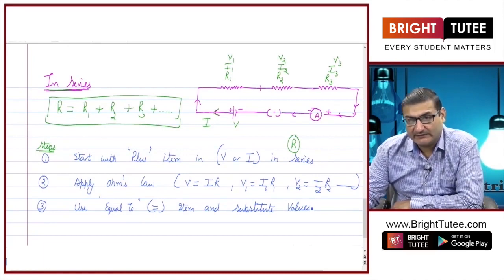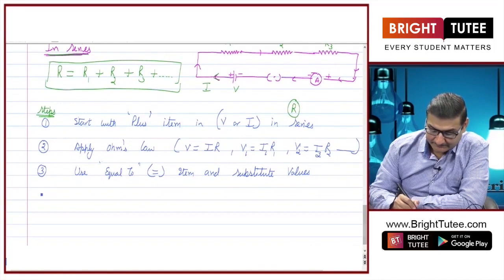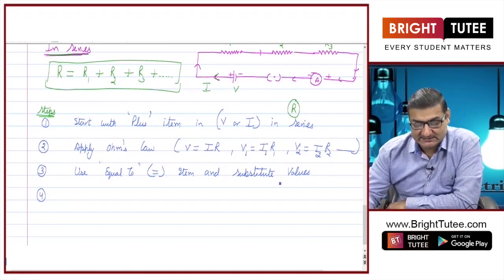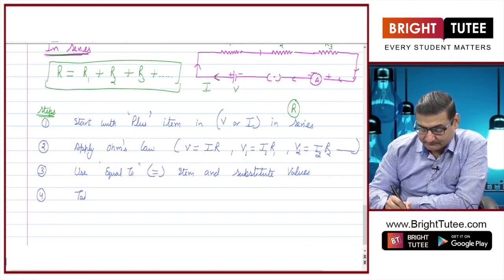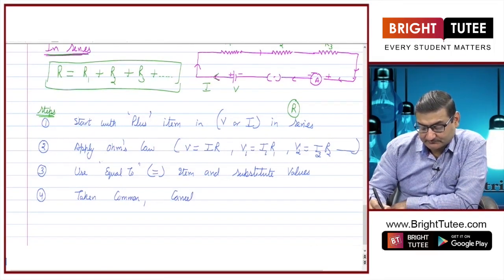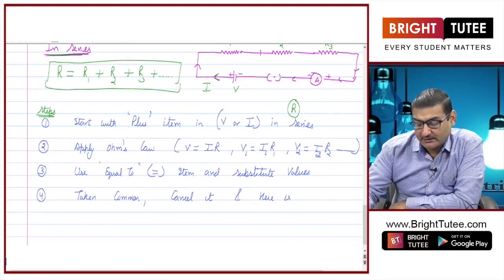Don't worry, just wait for another 2 minutes, you will get each and everything crystal clear. Then after doing this third step, take common, cancel it, and here is our answer.